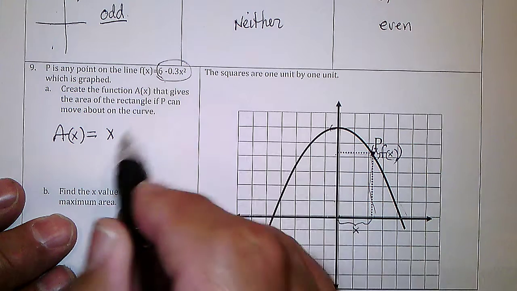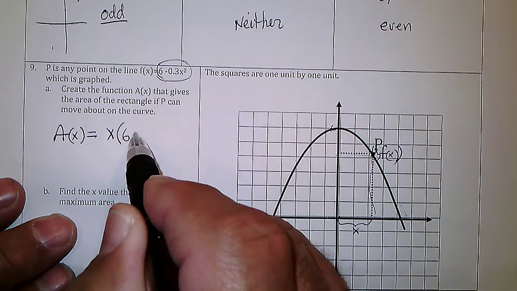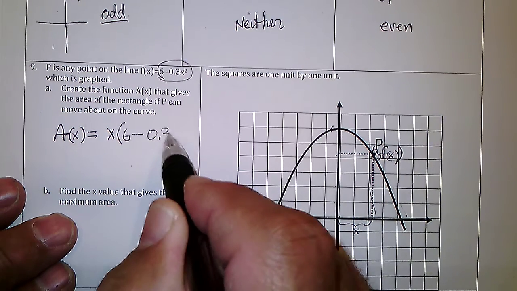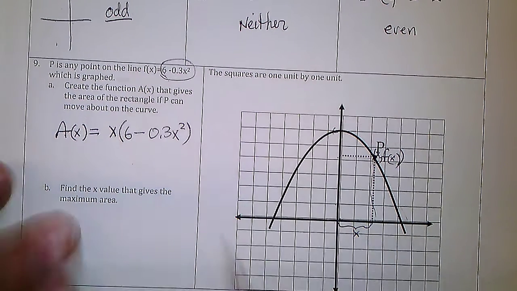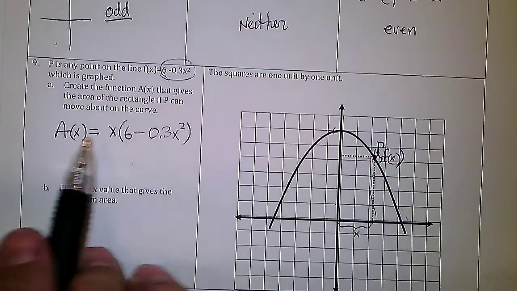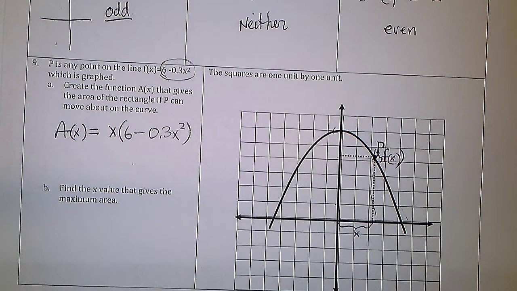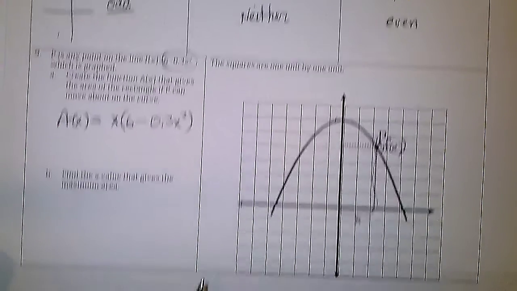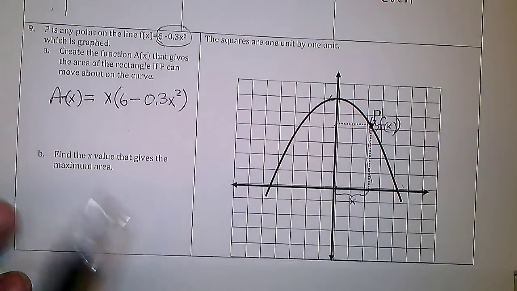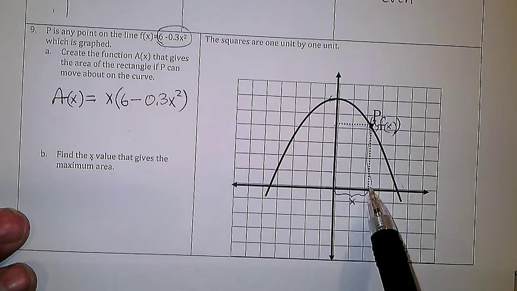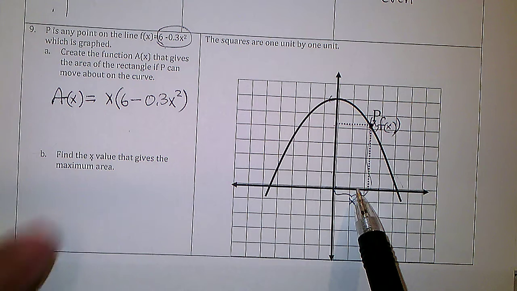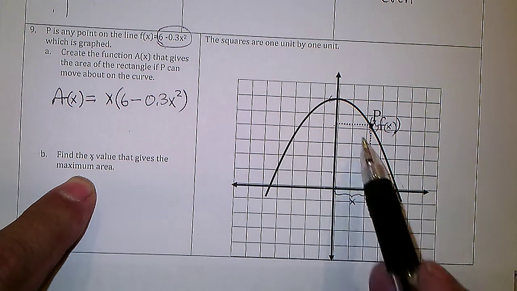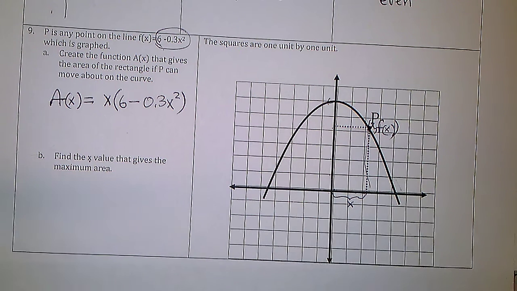Well, that's what f of x is. 6 minus 0.3x squared. That's the area function. You can distribute the x if you want, but that's good enough. Okay. Then it says find the x value where we should stop so that we get the largest rectangle possible.